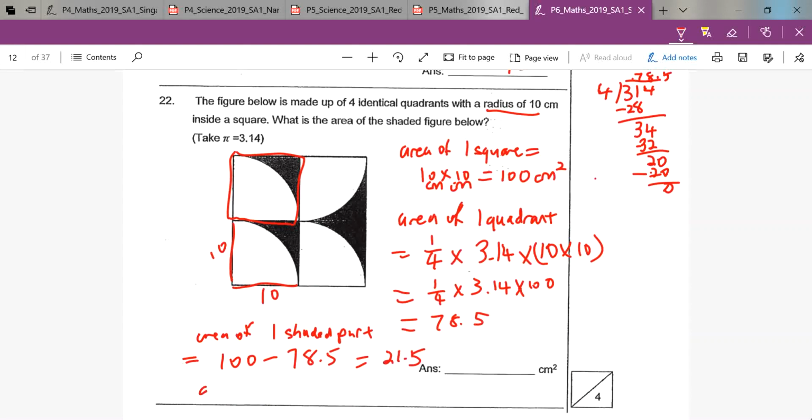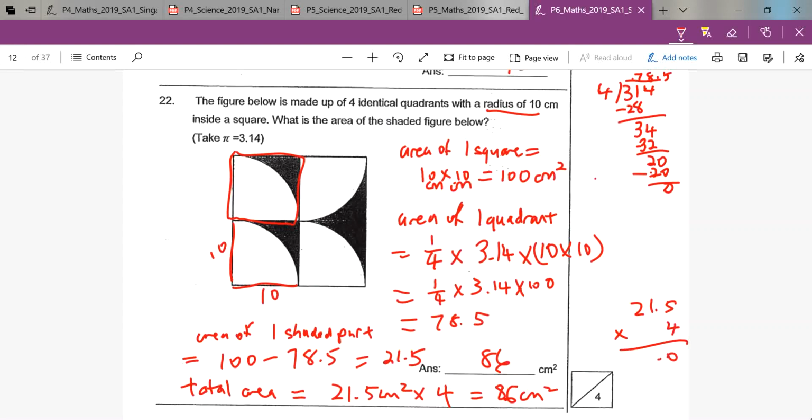So the total area of the shaded figure would be 21.5 cm squared times 4, and that should give you 86 cm squared. If you do your sum here, you should get this.